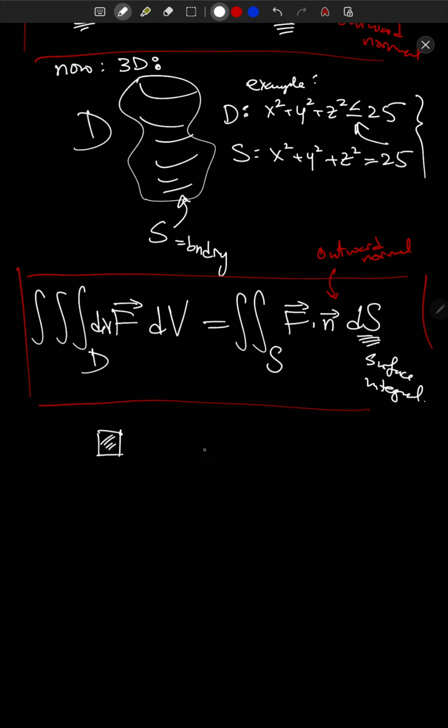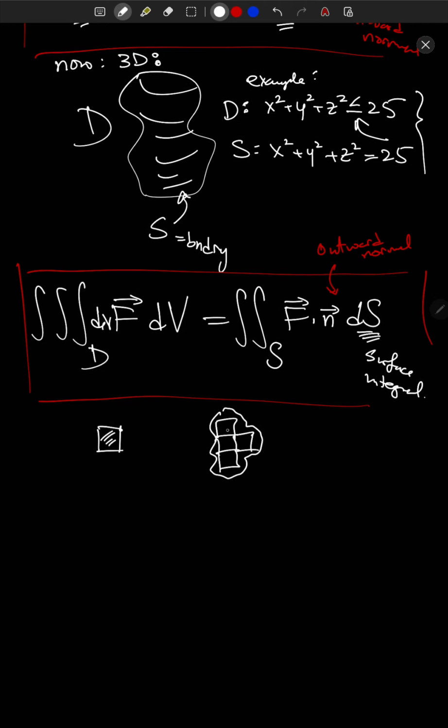And then what we did the next week was we stacked those rectangles so that they created our region, kind of like this. And then the stacking worked out because everything on the inner boundaries canceled out, leaving only the outer boundary regions which didn't cancel out, which leads to essentially the right-hand side of Green's theorem flux version.